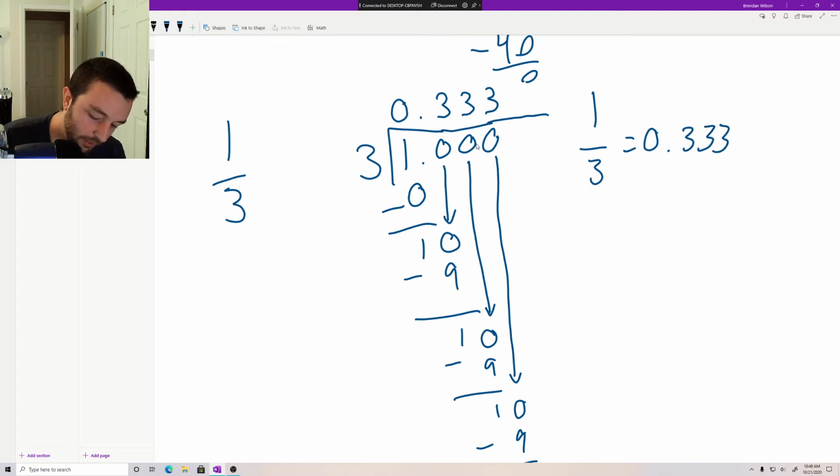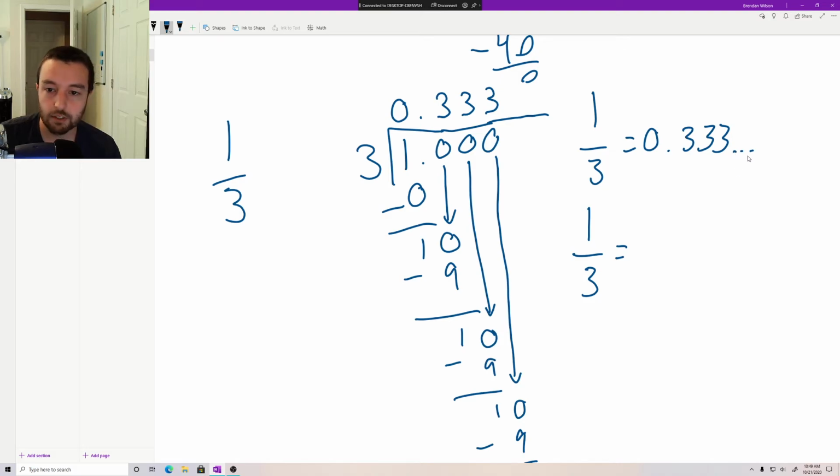So sometimes we might write 0.333... The ... implying that it's just going to keep going on this way forever. Or more commonly, because the ... it's not really great because it kind of might look like another decimal place, which doesn't make sense, we would write 0.3 with a bar over it. So the bar over it means it repeats forever.